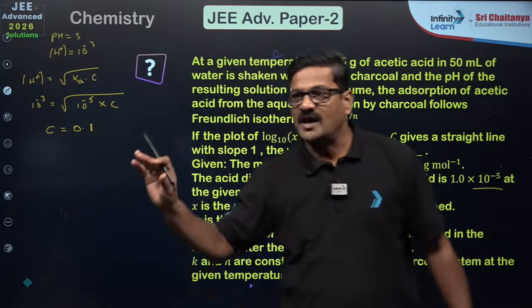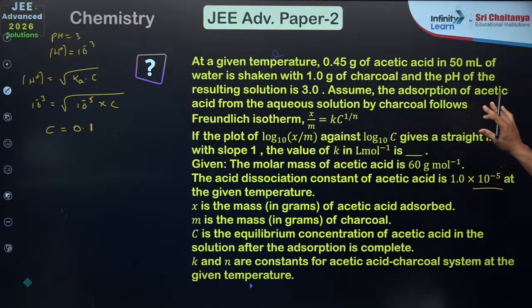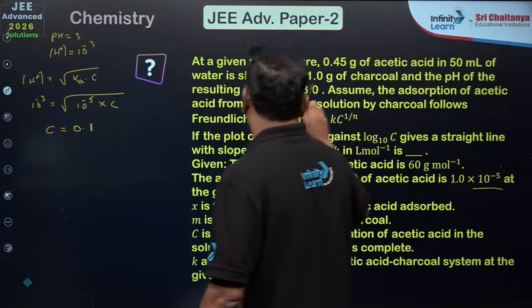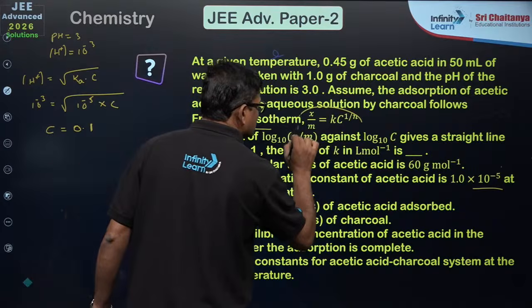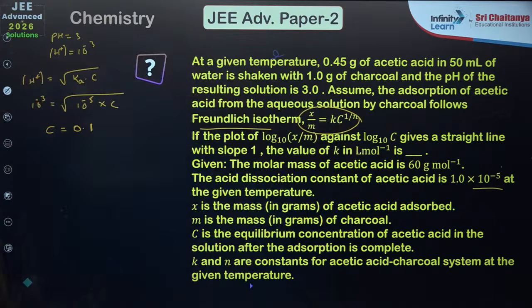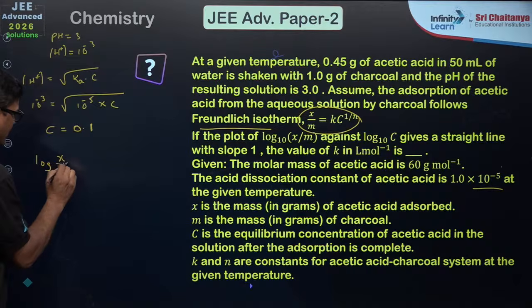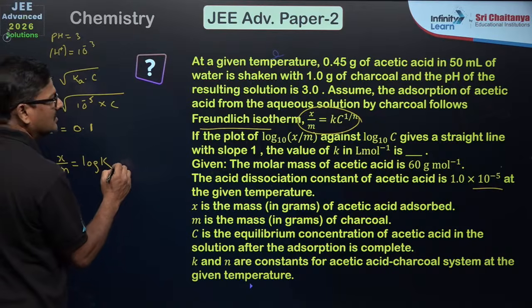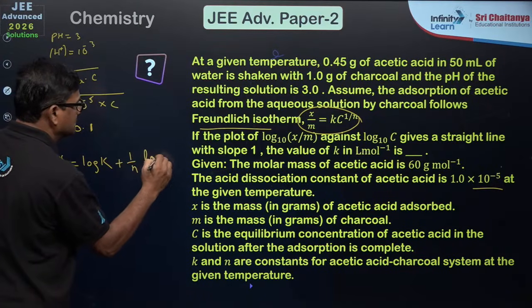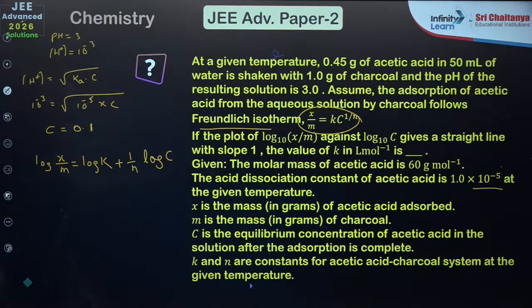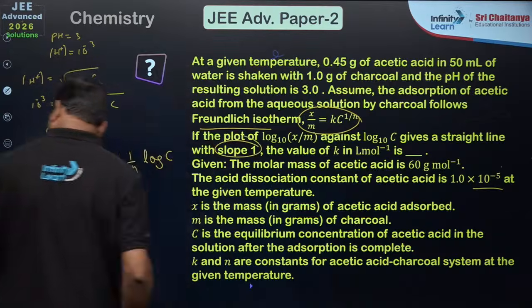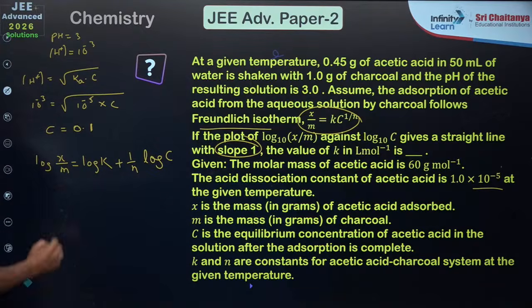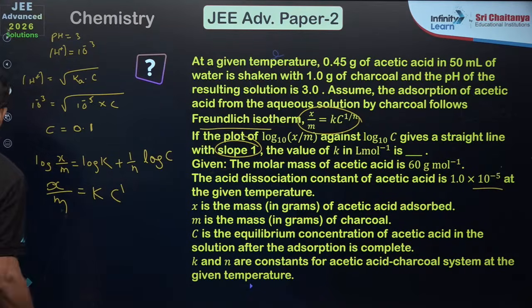Once you get it, assume the adsorption of acetic acid from the aqueous solution by charcoal follows the Freundlich adsorption isotherm. It is given as x by m is equal to K C to the power 1 by n. So log x by m is equal to log K plus 1 by n log C. Here it is given as a straight line, and the slope is going to be 1. When the slope is 1, x by m is equal to K C to the power 1.